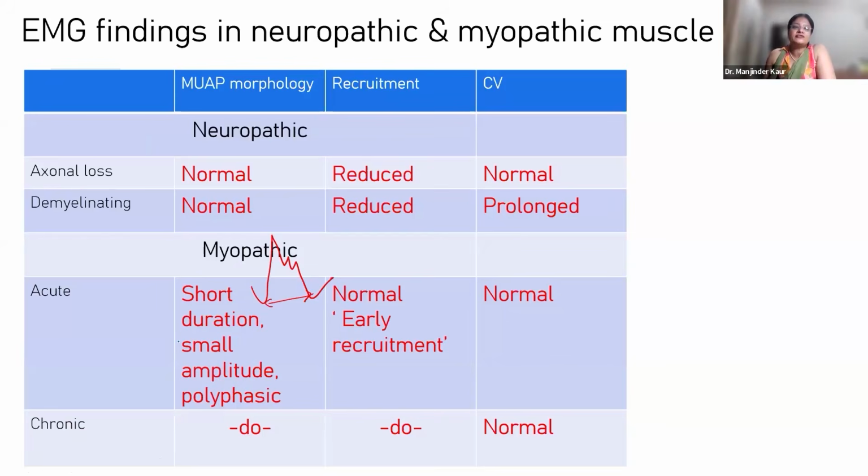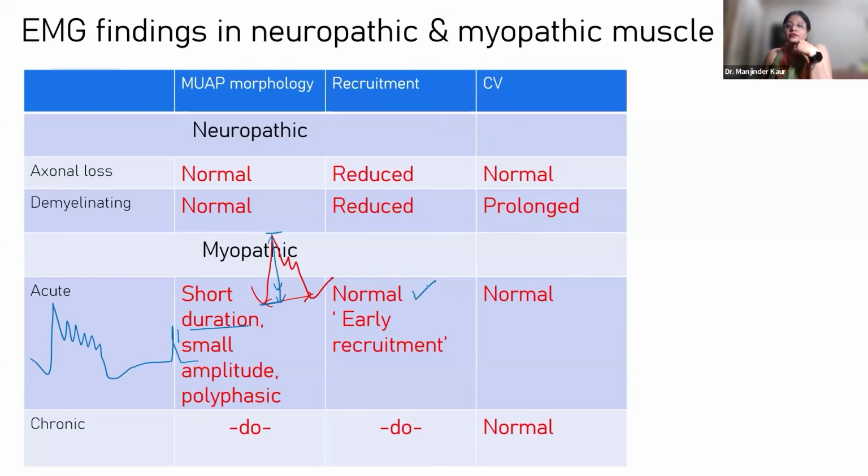So, if the number of muscle fibers is less, their duration will be short, and the amplitude is going to be small because fewer muscle fibers are getting stimulated, and it is going to be polyphasic. Again, you will get multiple phases of the action potential, and you may even get a small satellite potential. So this is what you would see in the myopathic morphology.